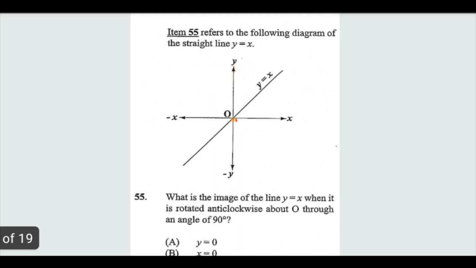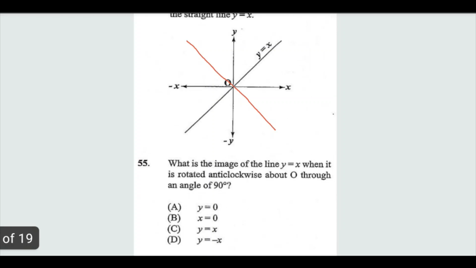So if you want to find how it rotated about the origin, you're basically moving this line 90 degrees through the origin, and the line would then turn like this. It will rotate like that. And that will be the new line. So it says, what is that line? That line will be equal to, it's not y equals 0, because y equals 0 is straight across here, right?